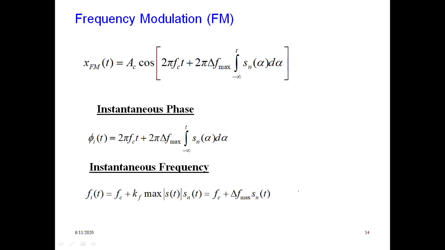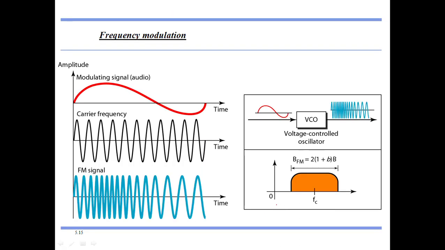In conclusion for FM, to find the modulated signal of FM we use this equation. The instantaneous phase, you have to use the phase here, and the instantaneous frequency is f_c plus delta f_max times the normalized signal.